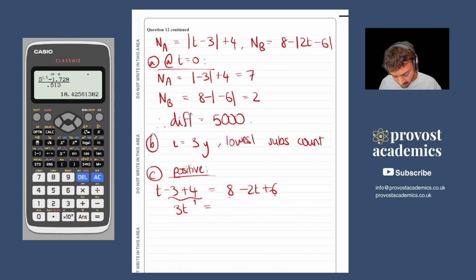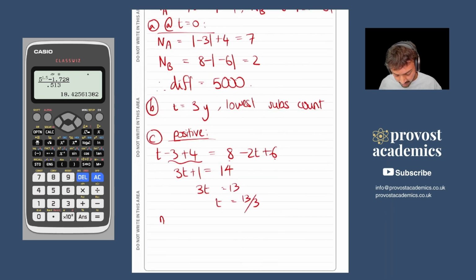And 8 plus 6 is going to give me 14. Oh, there's no minus 2t now. And therefore 3t equals 13 and t equals 13 over 3.